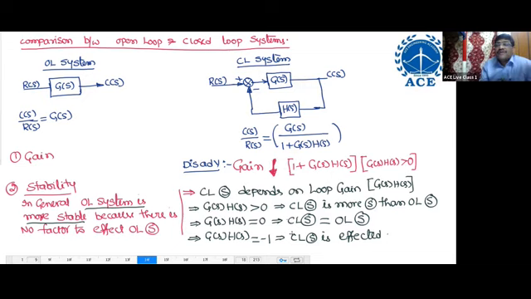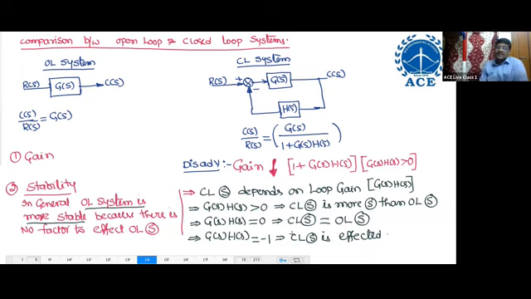Especially in assertion and reasoning questions in IES, they ask that feedback may improve or be harmful to the system stability. It is 100% correct.